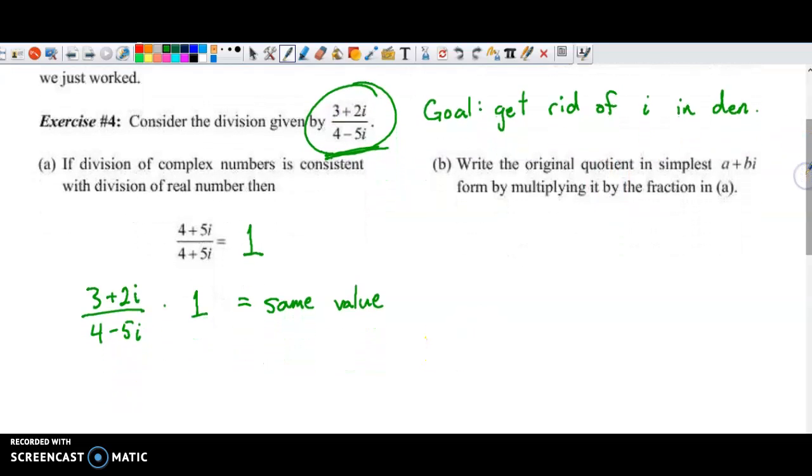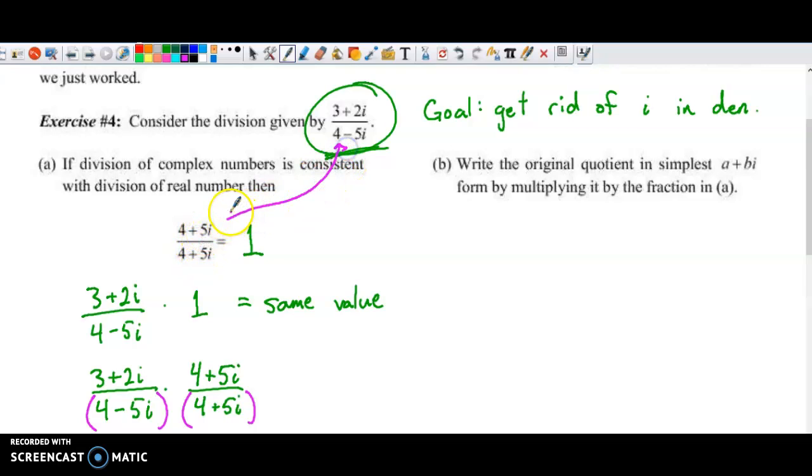But instead of multiplying by 1, what we're going to do is multiply by a number that's equal to 1. And the thing that's equal to 1 is what they said right here, 4 plus 5i over 4 plus 5i. And the reason for that is we just learned, and if you didn't notice, 4 plus 5i is the complex conjugate of the denominator.